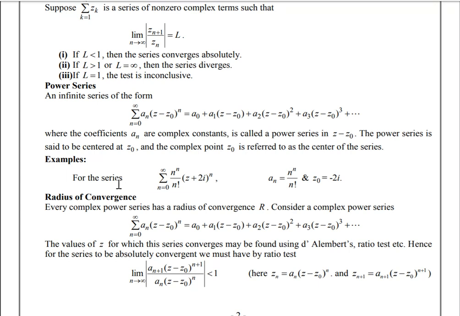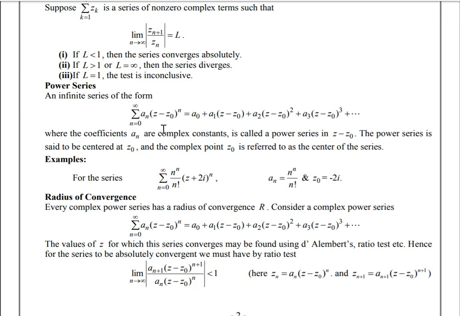For example, here is a power series. Here the center is minus 2 iota, and the coefficient an is n to the power n over n factorial. We say that this power series converges.